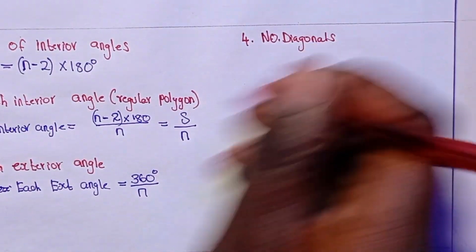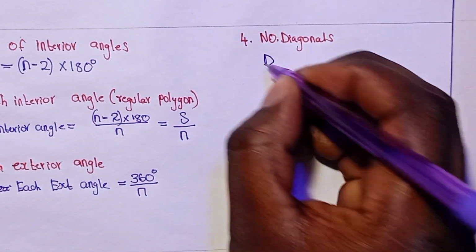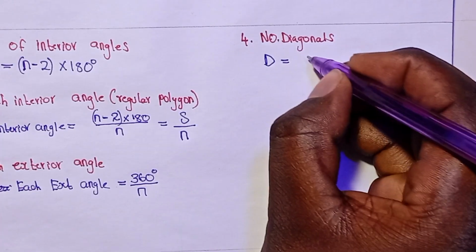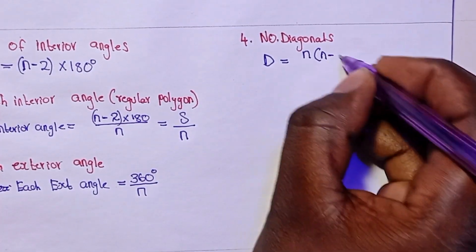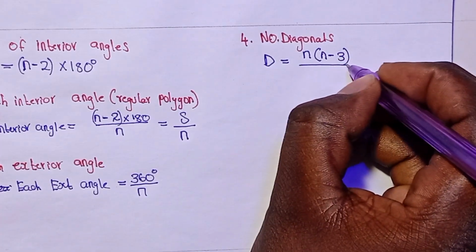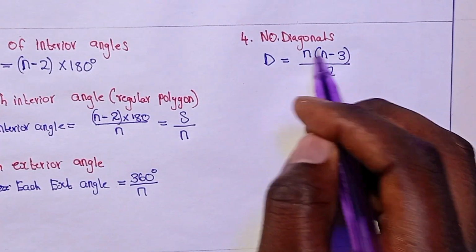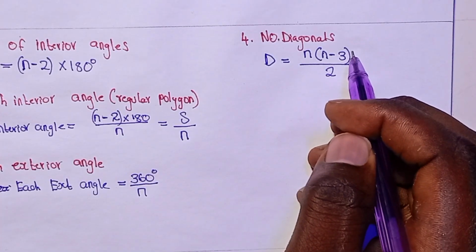To find the number of diagonals, we will designate this as D. The number of diagonals is given by n, the number of sides, times (n minus 3), all over 2.